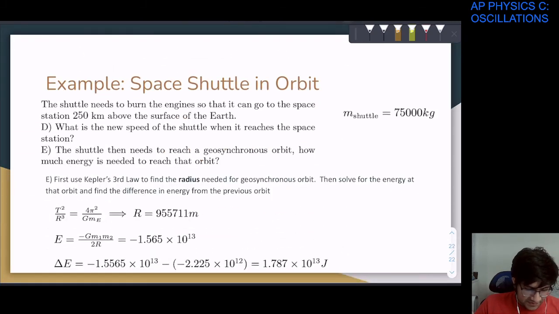To do this, we'll use Kepler's third law. Over here we have Kepler's third law, so t squared divided by r cubed is equal to a constant, because t squared is proportional to a constant times r cubed. Let's just rearrange it.